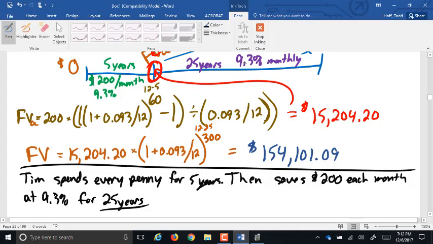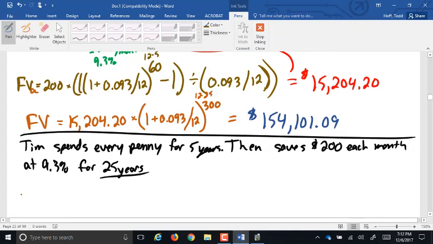So it's just the annuity for 25 years, right? So future value 200. I'm going to have you race me to this one.